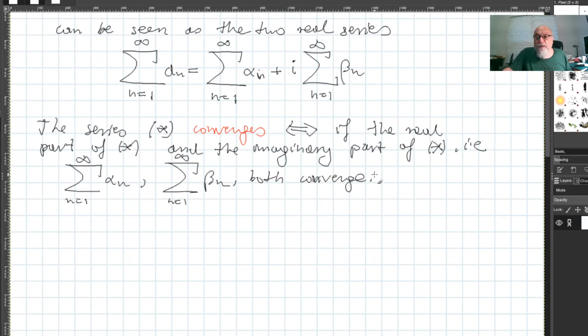Of course, we have also the notion of the absolute convergence of such a series.